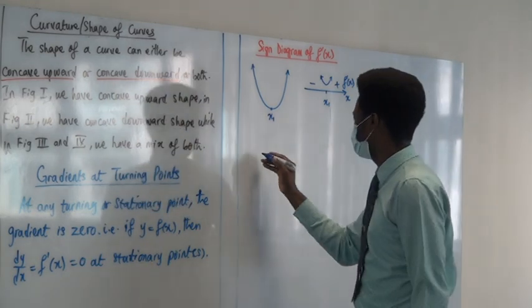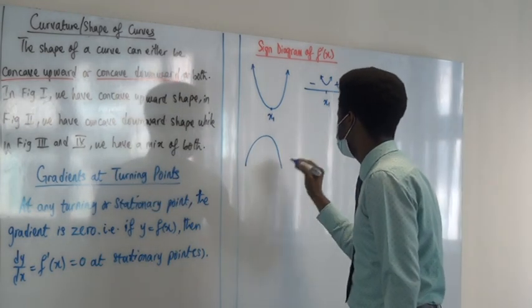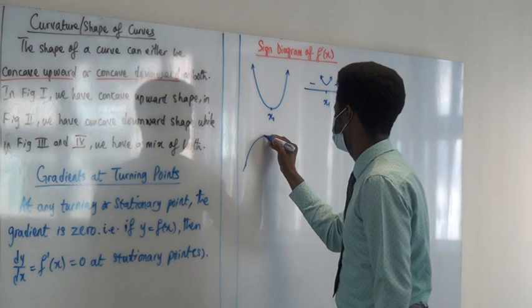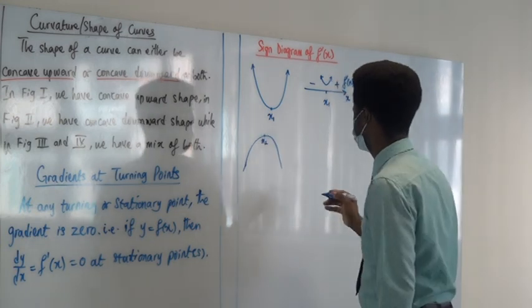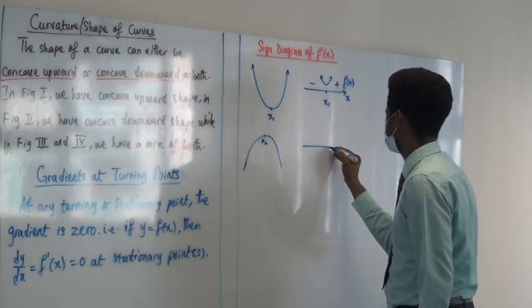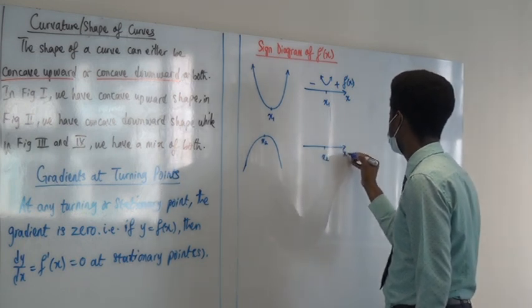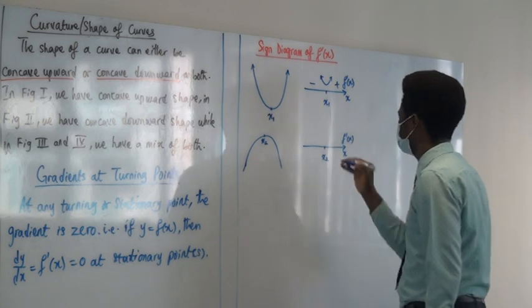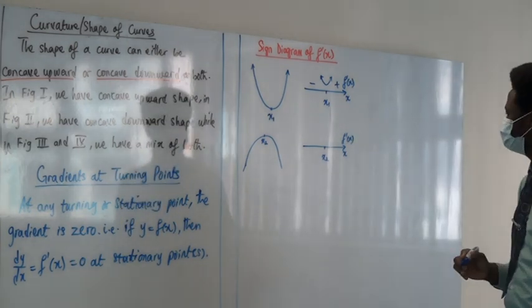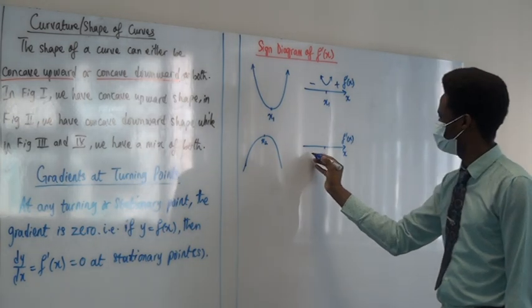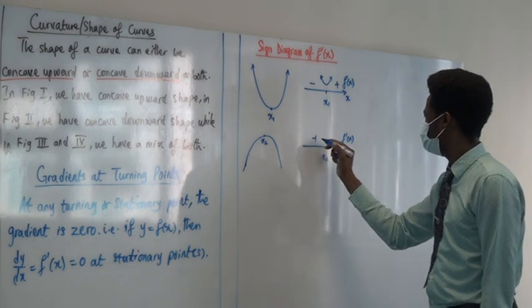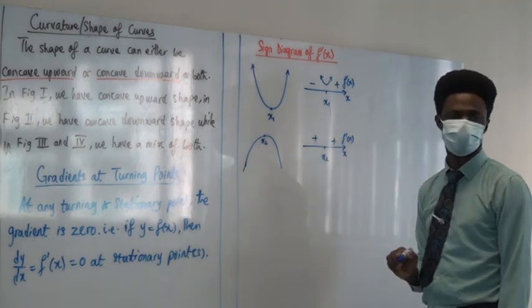Understand? Again, if you have this case, where this is x2, I'm still on quadratic. So x2 is the turning point. What happens to the sign? Before, what do we have?